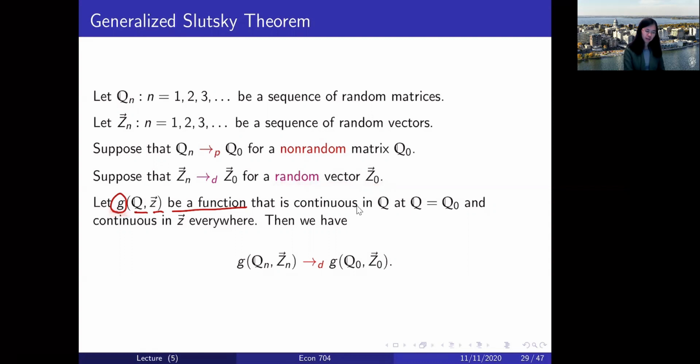And let g be a function on Q and Z that is continuous in Q at Q0, where Q0 is the probability limit of the Qn, and continuous in the second argument everywhere. So g has the desired continuity, let's suppose. Then the generalized Slutsky's theorem says g of Qn and Zn converges in distribution to g of Q0 and Z0.